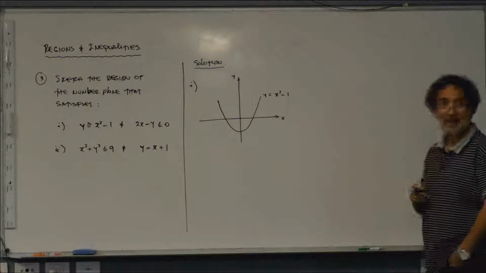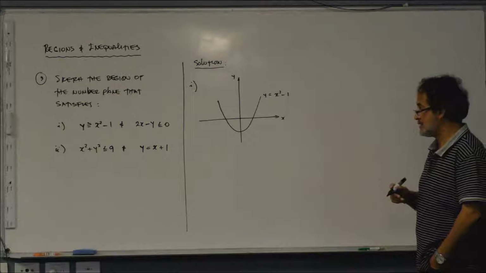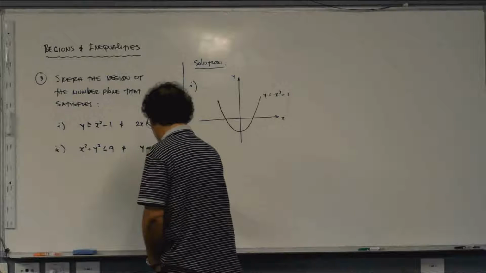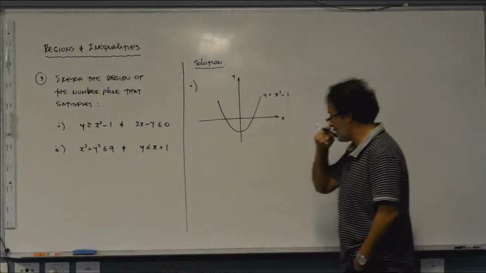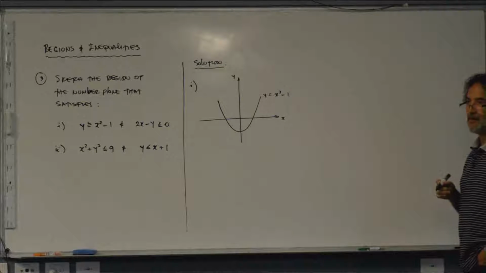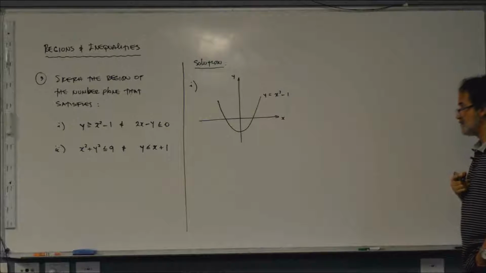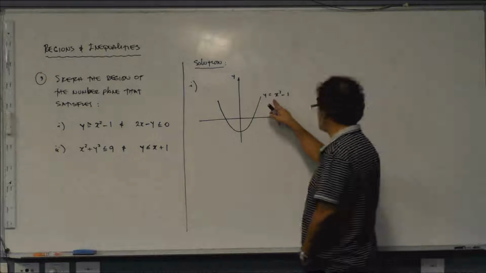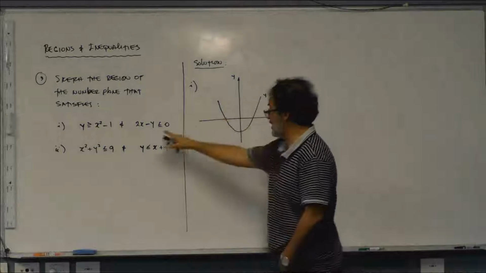What about the one down the bottom right, y equals x plus 1? Same, I need to put the less than. Thank you. So this is the picture for x squared minus 1, and then we need to sketch this one.